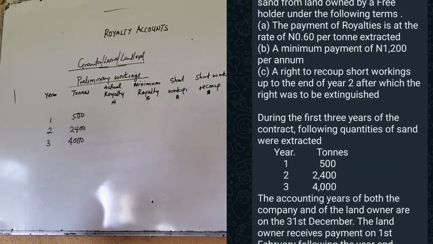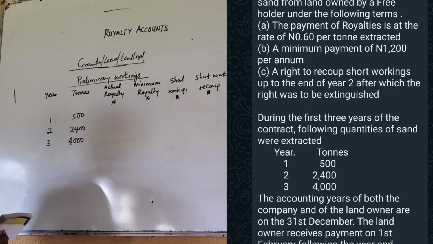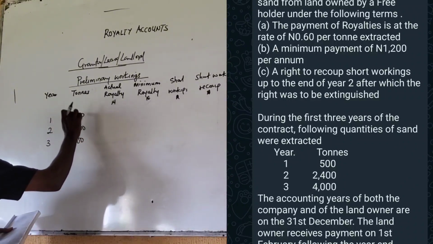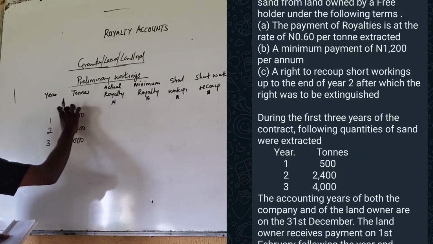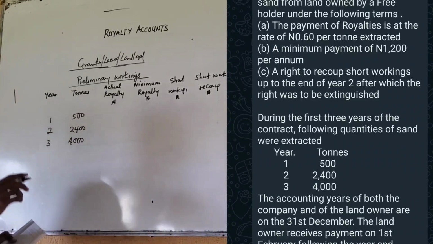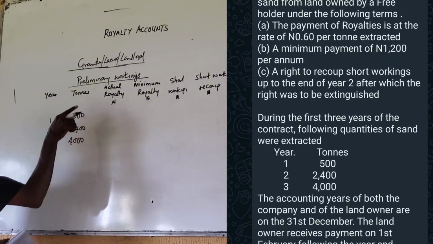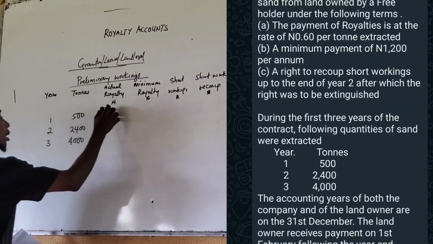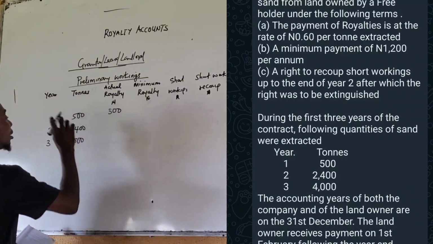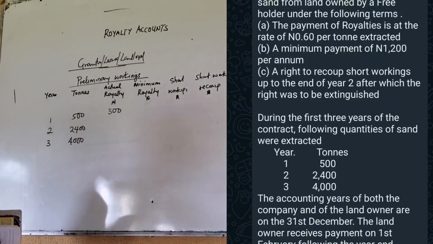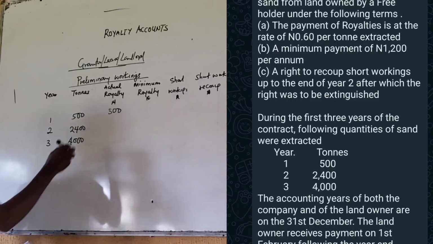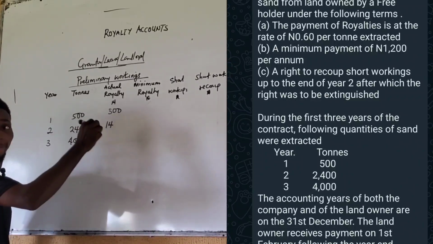We are told that the payment of royalty is at the rate of 60 kobo. So to get the actual royalty, it will be 500 times 60 kobo for year 1. They extracted 500 tons, and the amount they pay per ton is 60 kobo. So 500 times 60 kobo gives us 300. 2,400 times 60 kobo is 1,440.